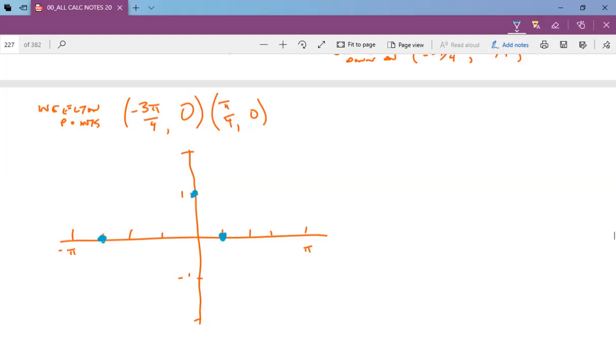We had negative pi, negative 1. We have a relative and absolute maximum at negative pi quarters, root 2. Root 2 is about 1.4, so we'll put that up here. At 3 pi quarters, we have a minimum of negative root 2. And our last endpoint was pi, negative 1.